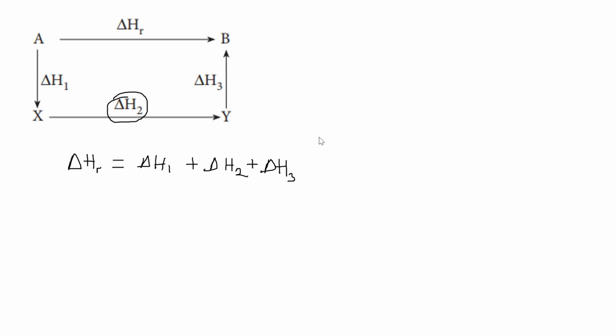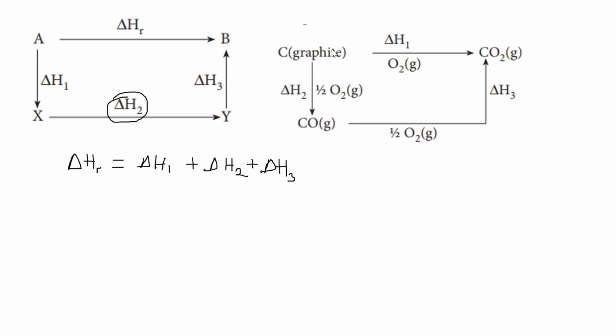So now let's look at, for example, graphite. A graphite carbon reacts with oxygen to produce carbon dioxide. The reaction can actually undergo multiple steps.